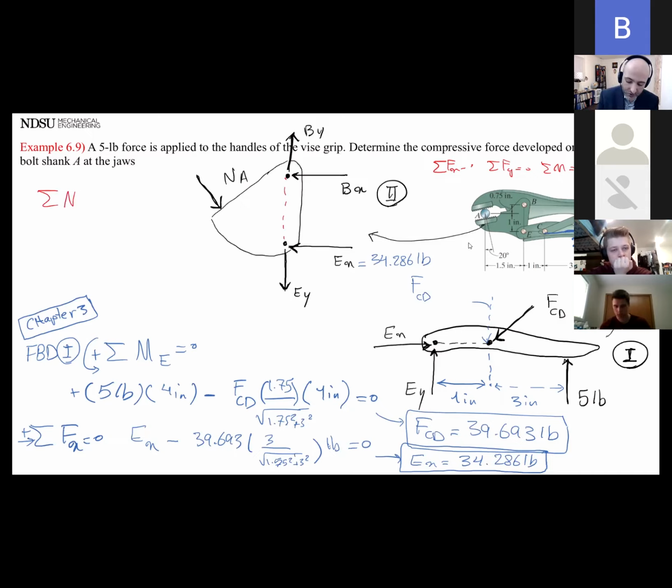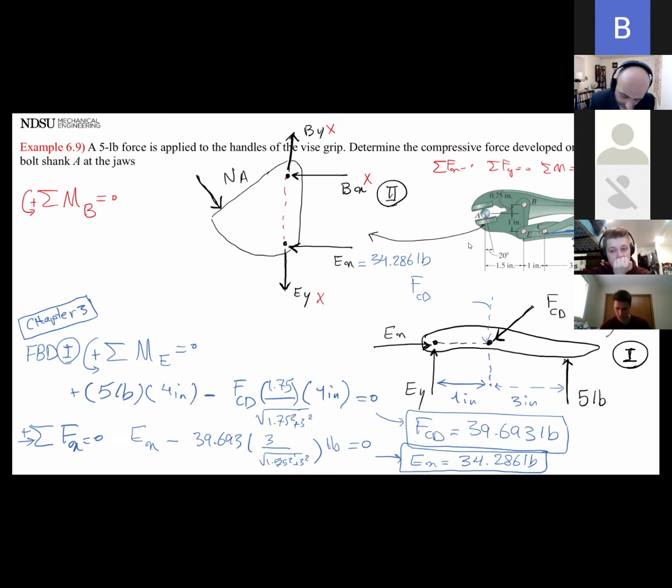So if you take summation of moment about point B equal to 0, EY goes through it, so I don't have to worry about this one. BX and BY, they go through it. All I have is EX that I already know and my NA, and you should be able to find it.